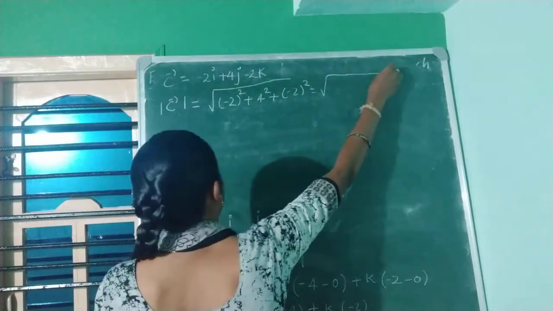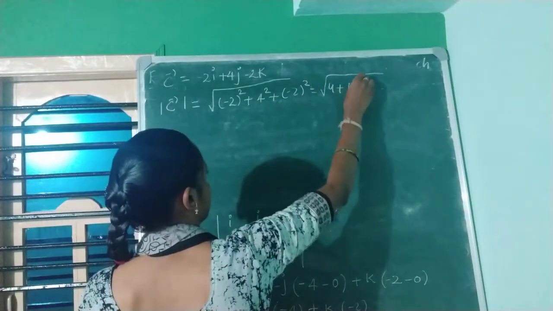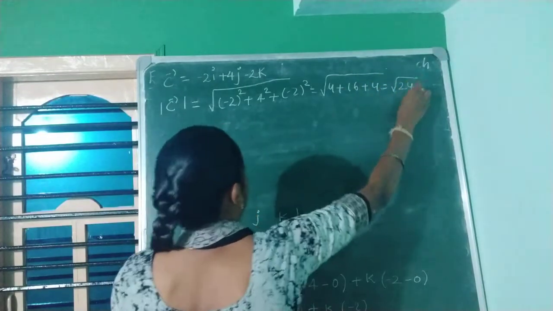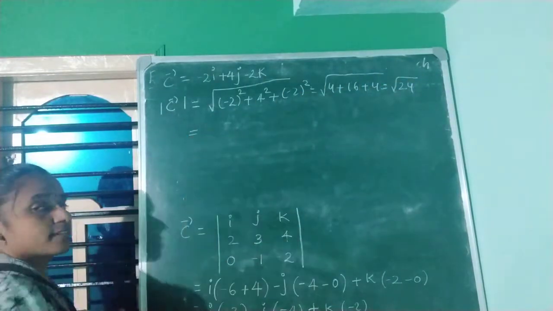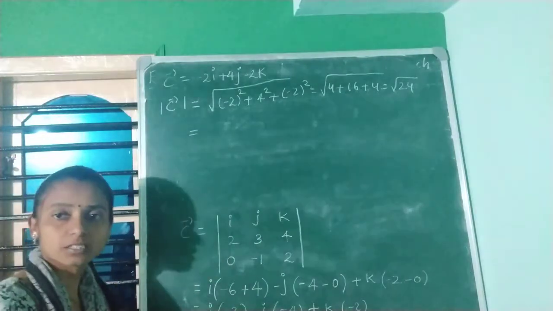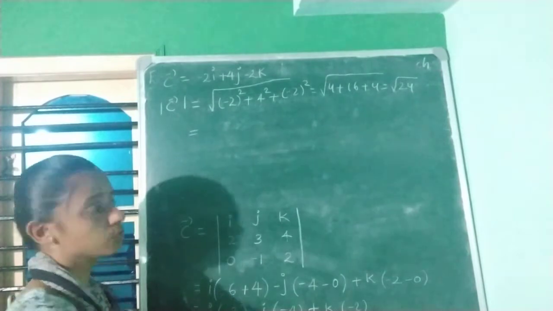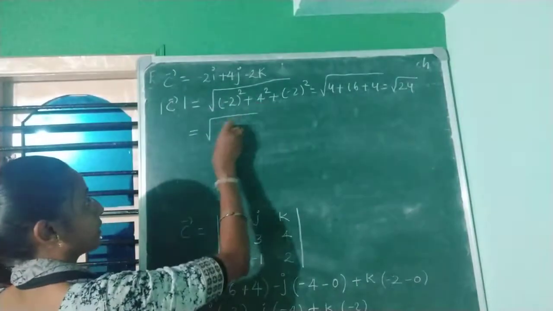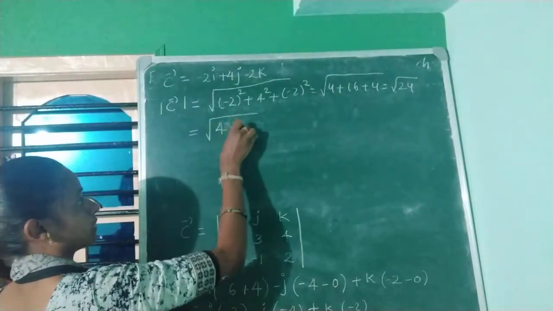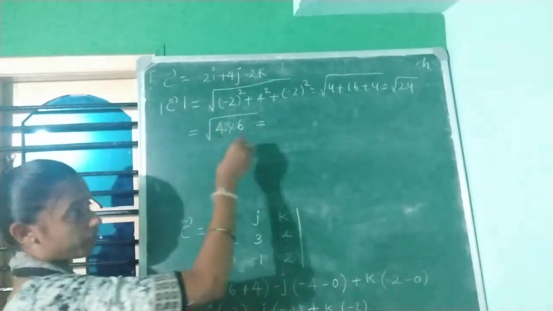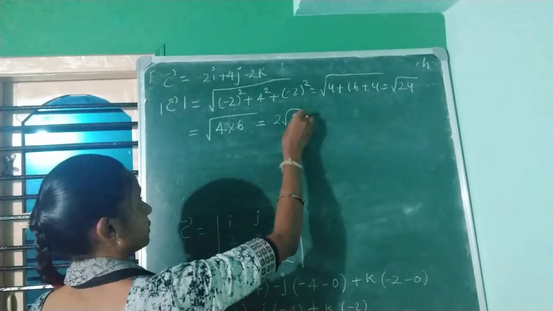So here we can write this as 4 plus 16 plus 4, and this is 24. We can write this 24 as 4 into 6. If you take this 4 out of the square root, it is a perfect square, hence it is 2 root 6.